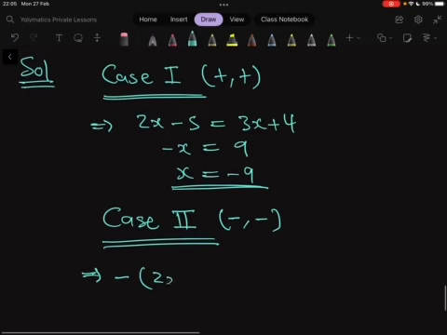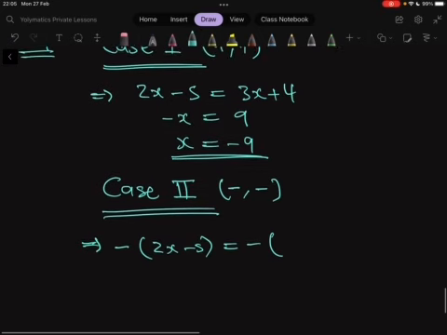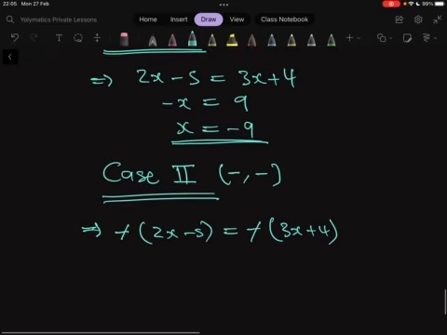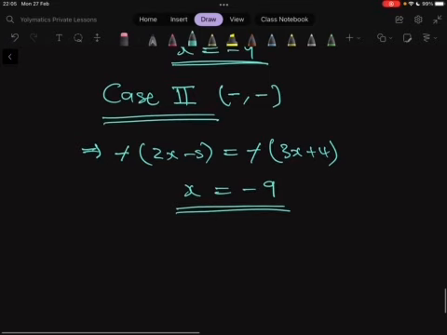So you'll get -(2x - 5) = -(3x + 4). But this negative and this negative cancel, which brings us back to the original equation. So we still get x = -9 again. No problem.